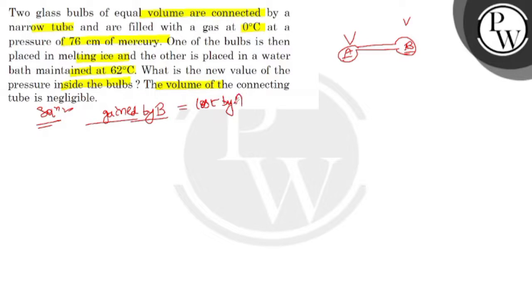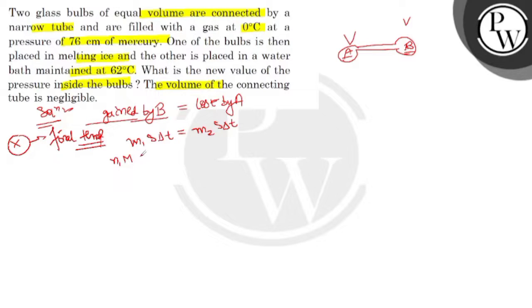Okay, very simple formula here, and the final temperature will be X. Heat gain and heat loss: M1 S delta T is equal to M2 S delta T. Here N1 is the number of moles and M is mass.